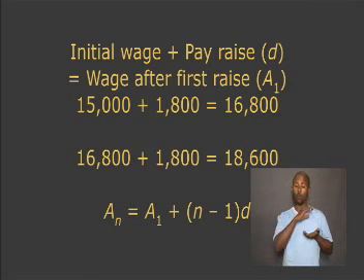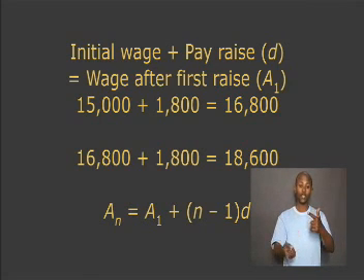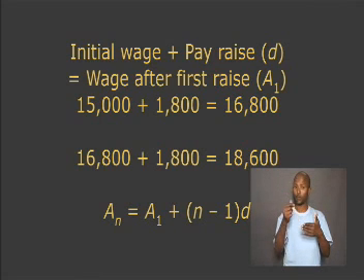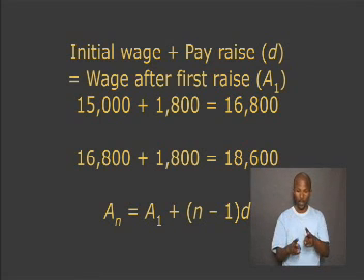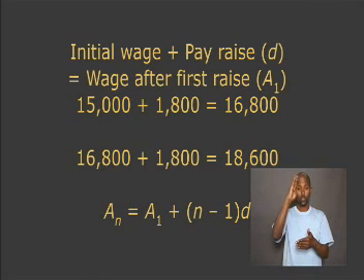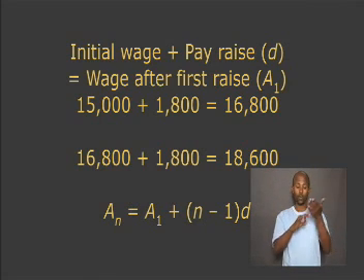His wage at the end of the second year is 16,800 bir plus 1,800, which is 18,600 bir. In this way, the rising values of Biruk's wage form an arithmetic sequence.